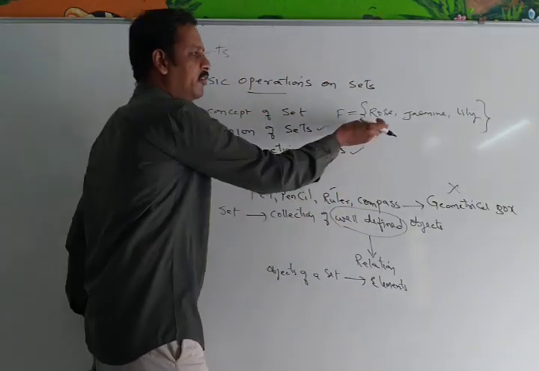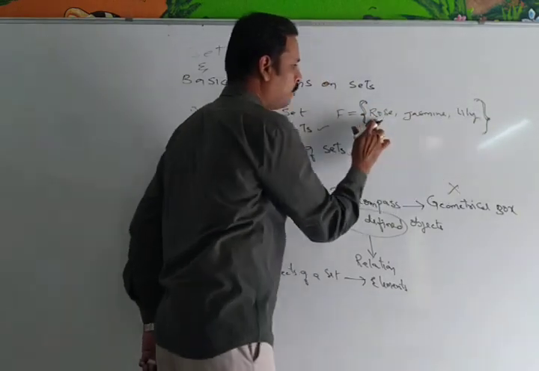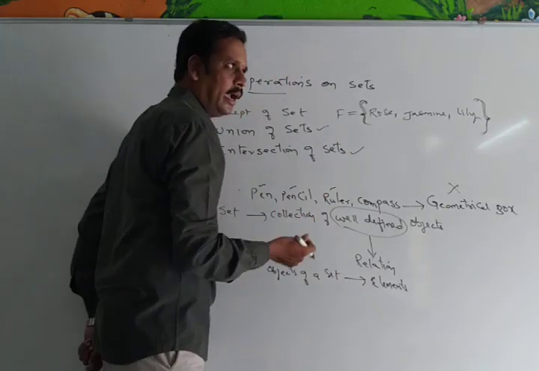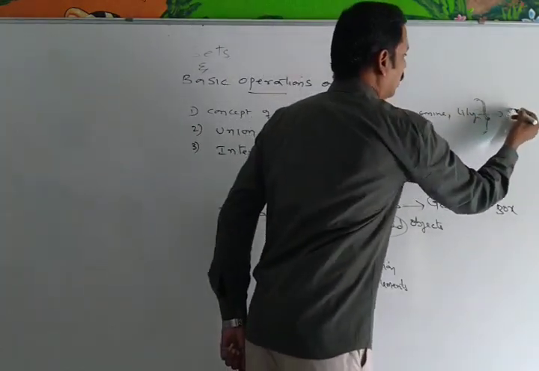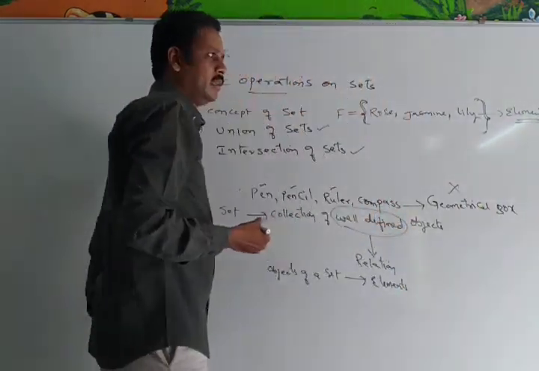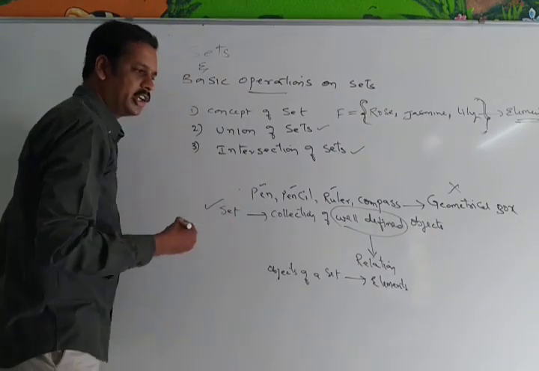So a set can be defined using the braces, and the objects of a set are to be separated using commas, and the objects of a set are called as elements. So here onwards I will be saying the elements of a set. So this is just a simple introduction of a set.